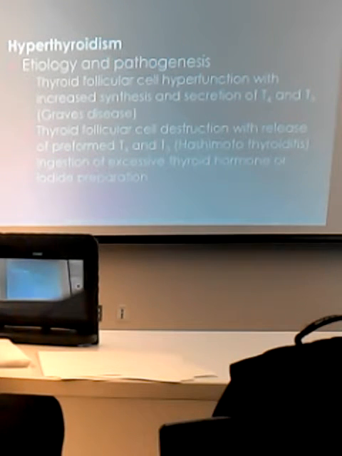Hyperthyroidism. There are a bunch of things that can cause hyperthyroidism. Look at the last bullet point. Ingestion of excessive thyroid hormone. When does that happen? Two instances that I want you guys to know about. The gym rat crowd. They got a hold of some of that Canadian stuff.